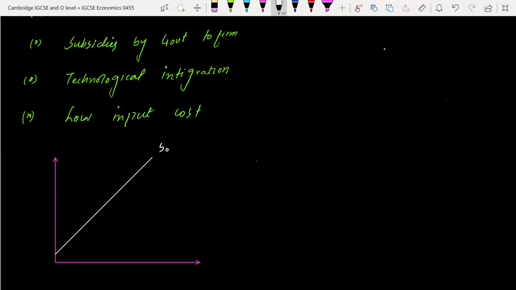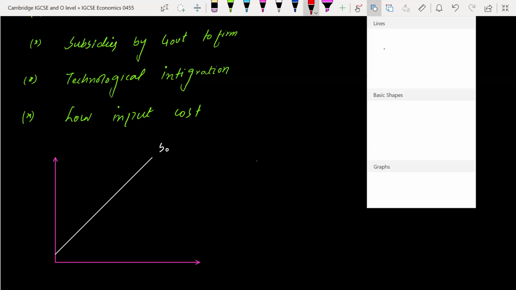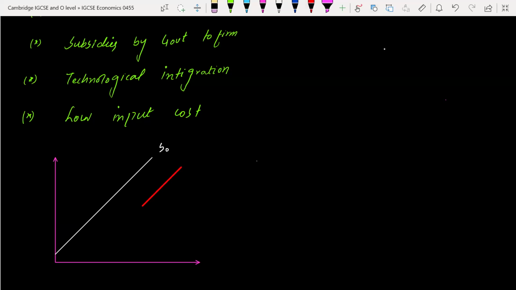When there is an increase in supply, a new supply curve will be generated, but on the right side. All the time, when supply increases, the new supply curve will be on the right side. It is called an outward shift. So the new supply curve will be on the right side of the first one. So it will show that there is an increase in supply.